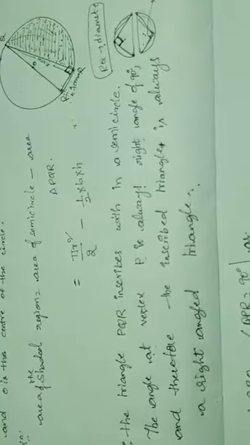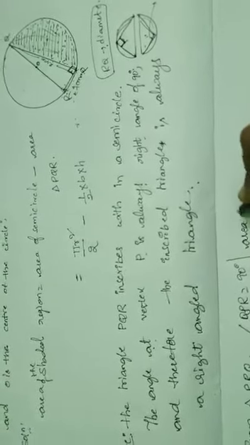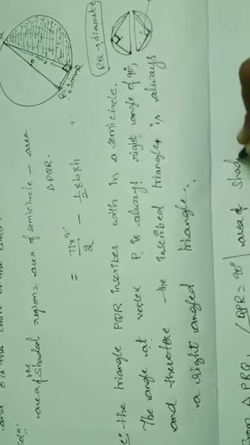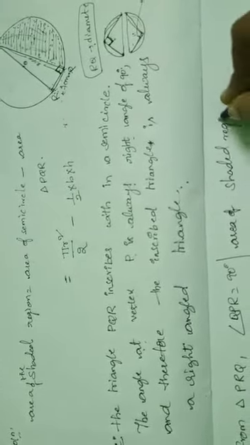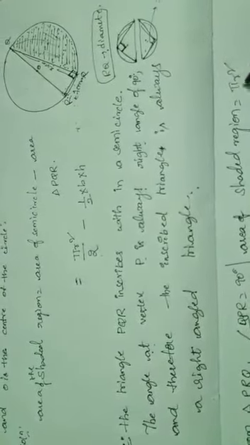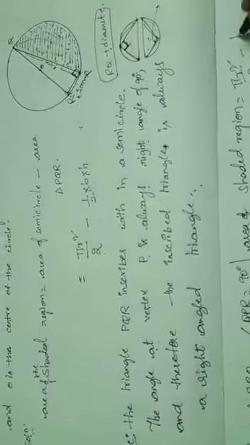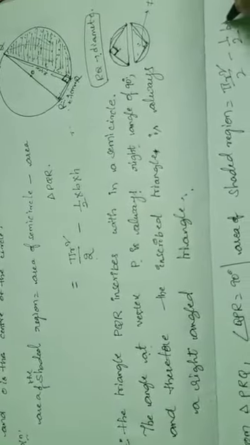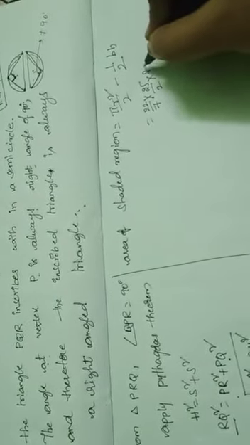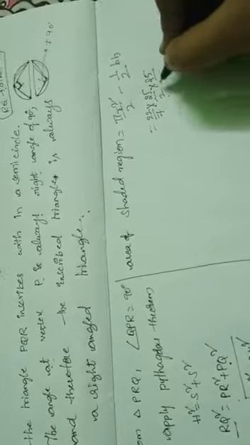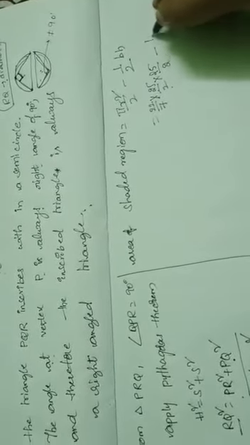Therefore, area of the shaded region equals pi r square by 2, the area of the semicircle, minus half into base into height, the area of the triangle. Pi value is 22 by 7, r square is 25 by 2 whole square, so 25 by 2 into 25 by 2, minus half into base.